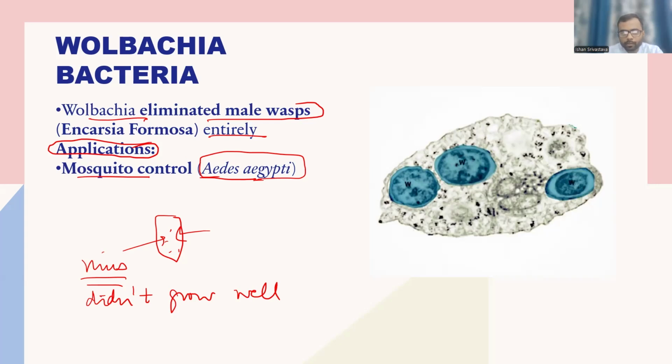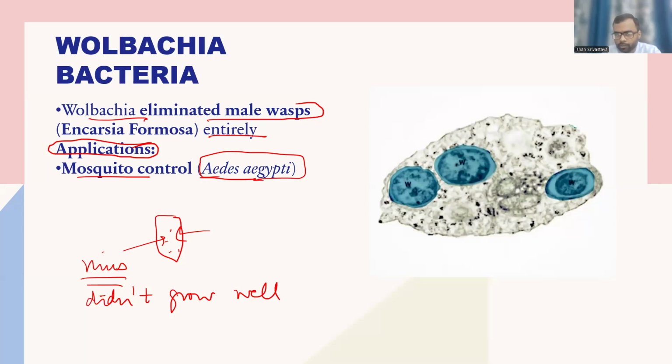Now, this is significant because if you introduce Wolbachia bacteria in a mosquito population, especially in the females, and then you let the population grow for a few generations, after some time most of the mosquitoes will have Wolbachia.